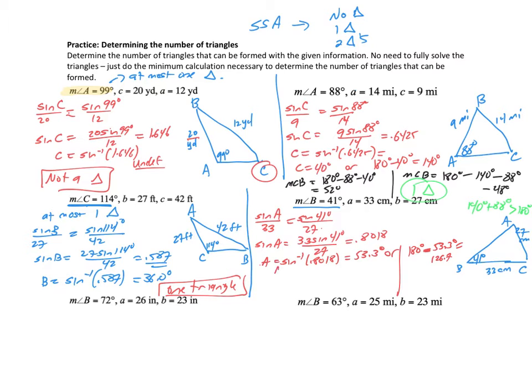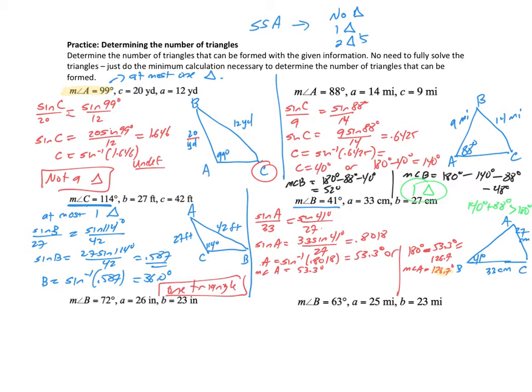So now let's check two cases. So we could have that the measure of angle A is equal to 53.3 degrees, or the measure of angle A is equal to 126.7 degrees. And now we have to see if this obtuse angle that we found actually will still work if we can make a second triangle. That's what we need to do right now.